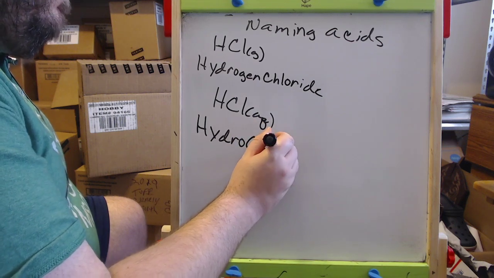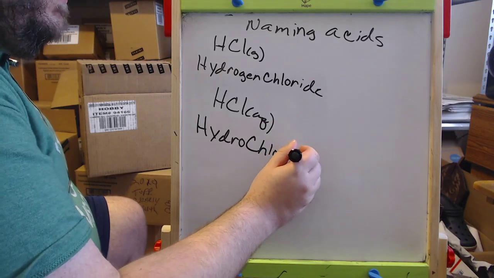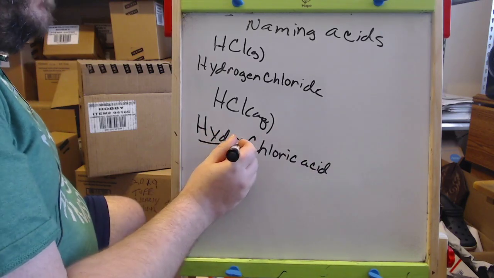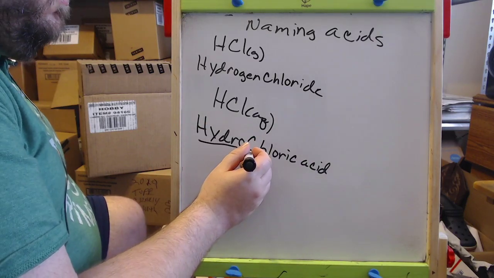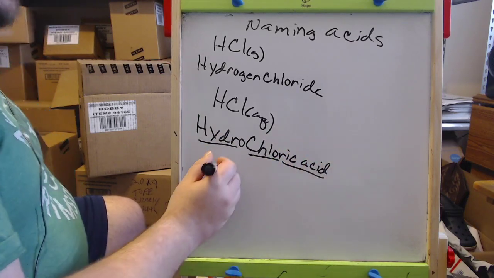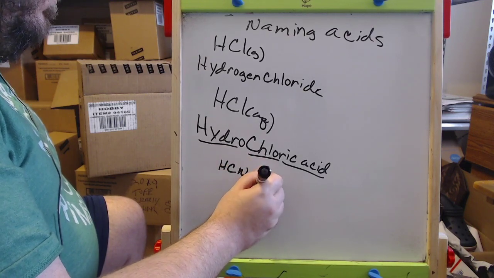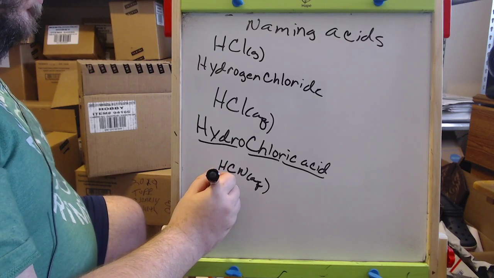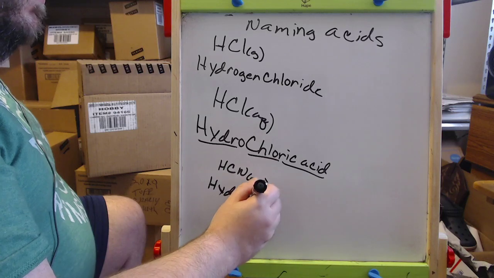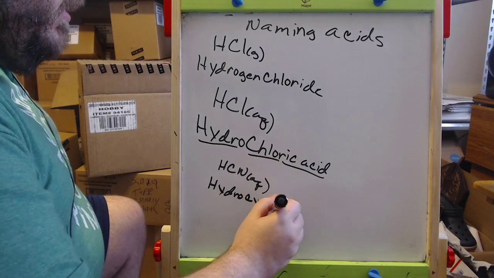I take the root of the anion, chlor, and add ic acid. So, prefix hydro, root of the anion, ic acid. So HCN: hydro, CN is cyanide, cyan, and then ic acid.